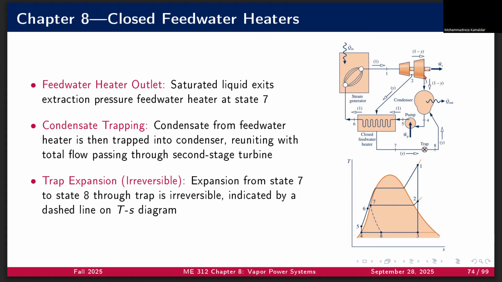Okay, so here's the main flow, and this is Y, which we extracted here. Here it's being reunited with this 1 minus Y, and we are basically having the same whole mass flow rate, this 1 here. And also remember that this dashed line represents this irreversible process, meaning that this is not an isentropic process.